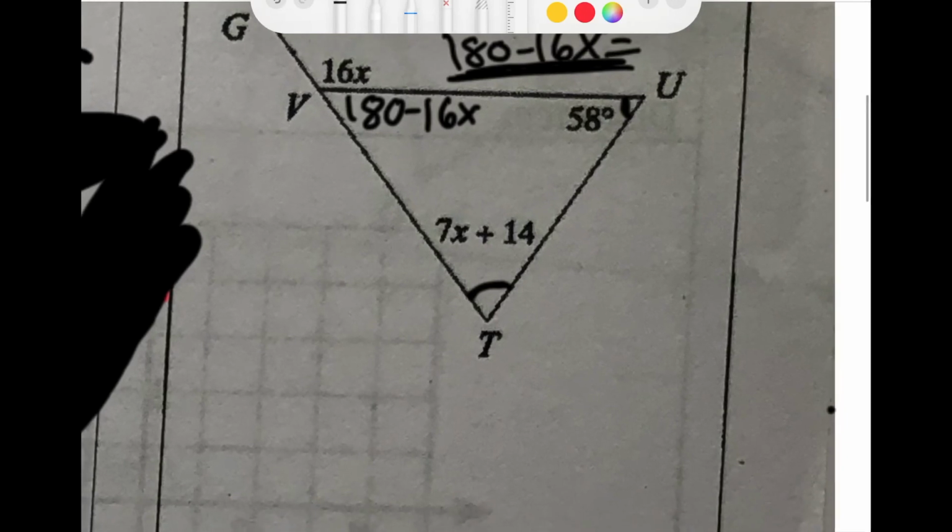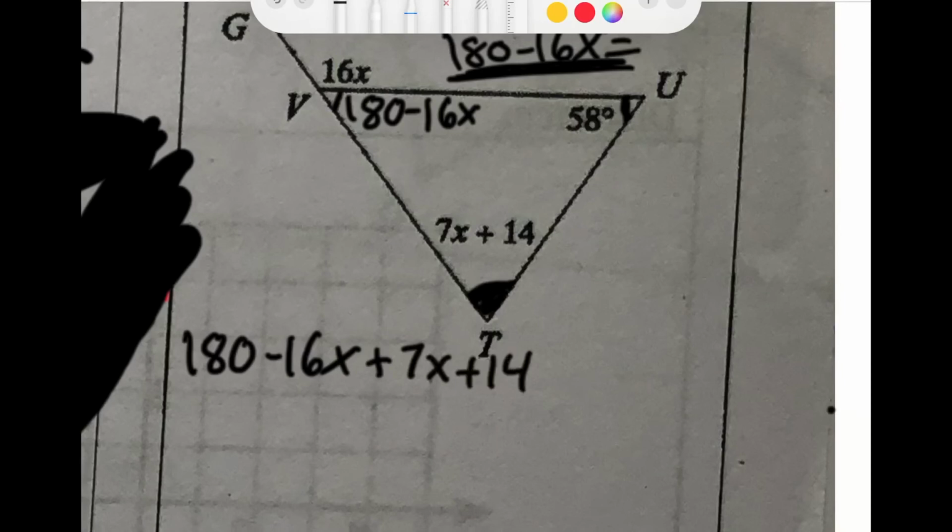So then we're going to do just like we did with number 2. We have our three angles on the inside. We're going to add all of them up. So 180 minus 16x plus our second angle, which is 7x plus 14, plus our third angle, which is 58, and set it equal to 180.